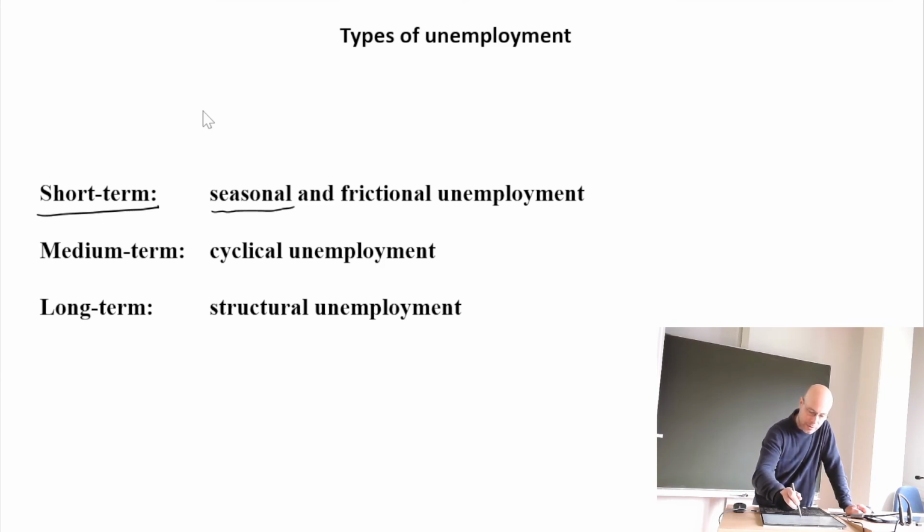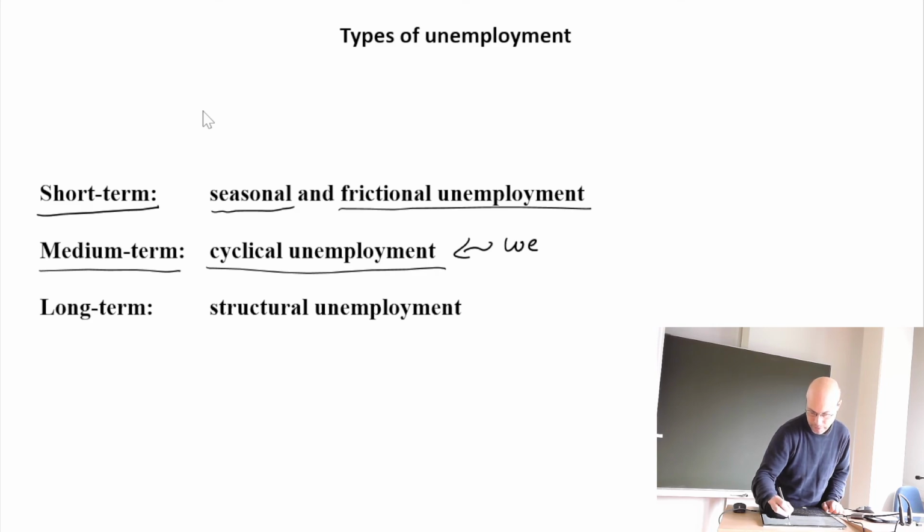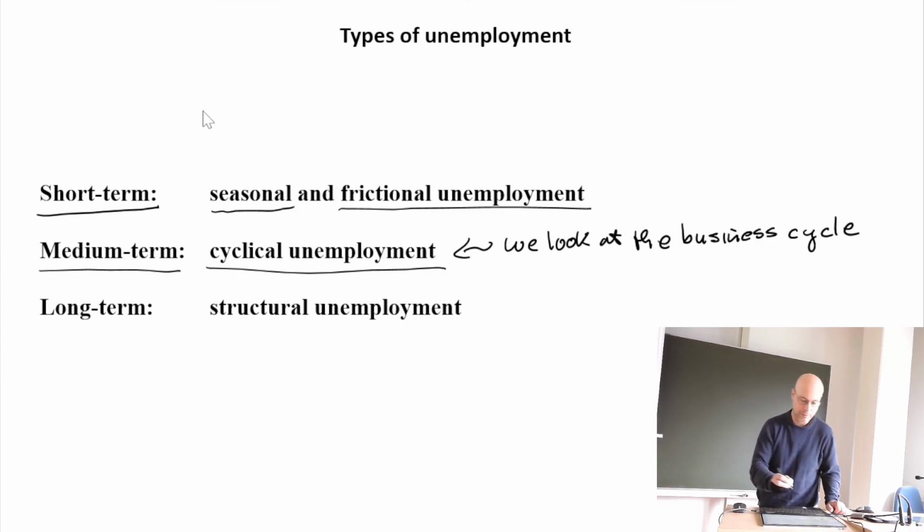And we will also talk about the so-called frictional unemployment. And then we have the so-called medium term, this is cyclical unemployment. Here we look at the business cycle, and then of course long-term unemployment, and this we call structural unemployment.